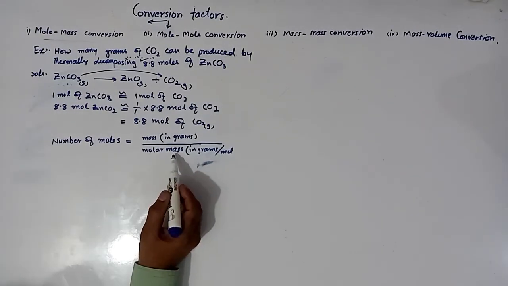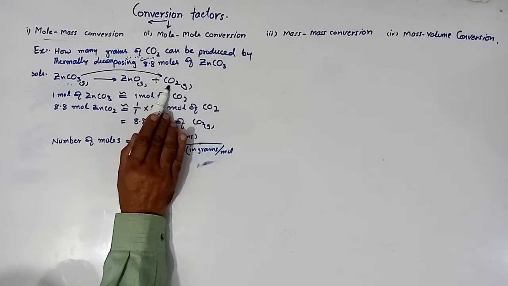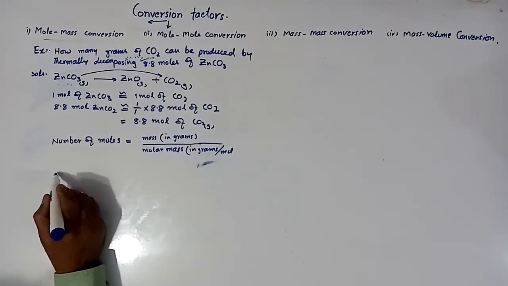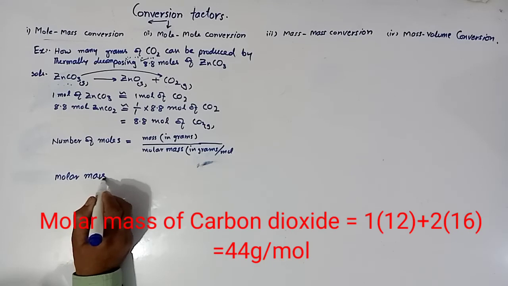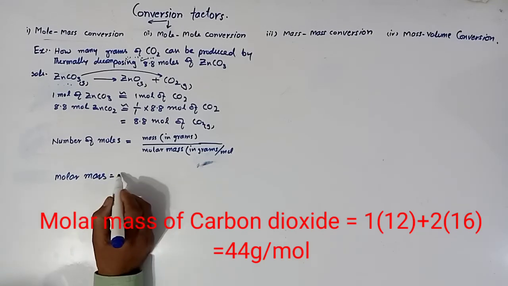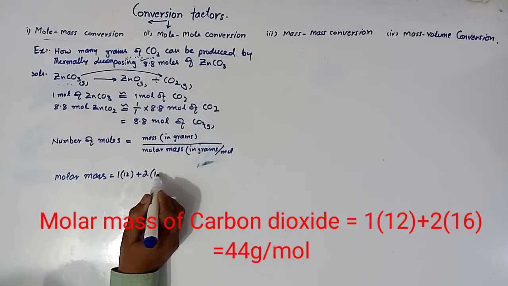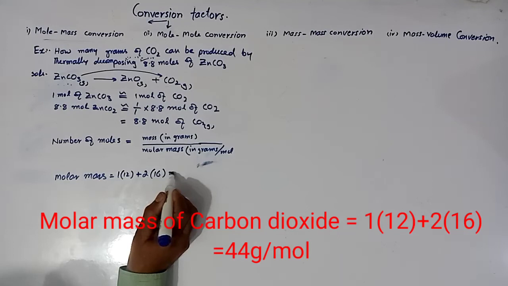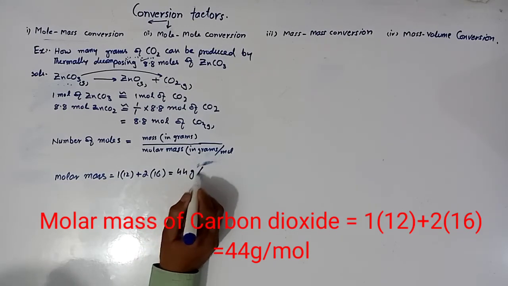For this purpose, we will have to find out the molar mass of carbon dioxide. So the molar mass of carbon dioxide is 1 into 12 plus 2 into 16, that is equal to 44 grams per mole.